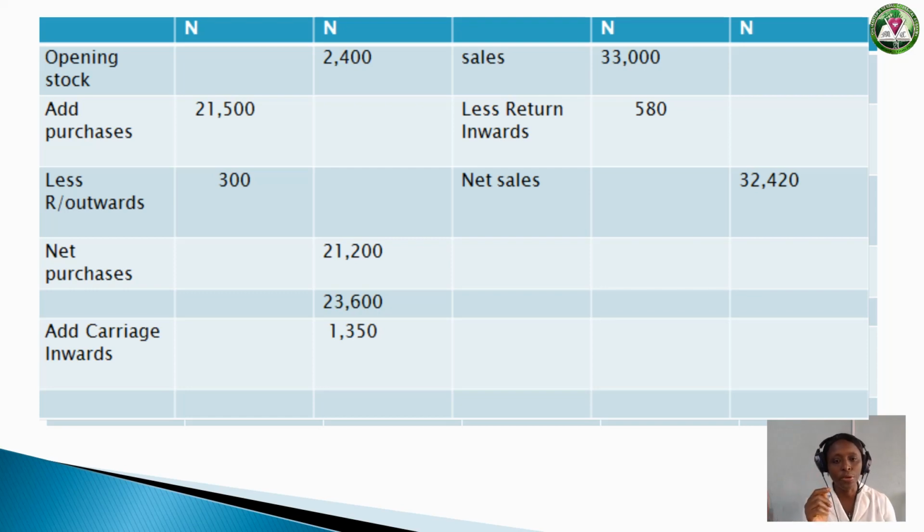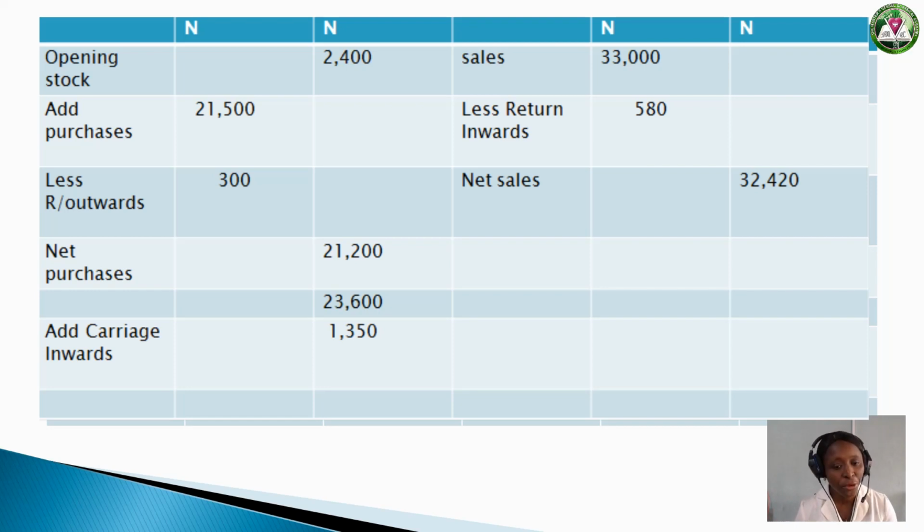What it will give you is 21,200 naira. Then this 21,200 naira, you shift it to the last naira sign. The last naira sign, remember we have opening stock placed there, 2,400 naira. Then add the 2,400 naira to the 21,200 naira.